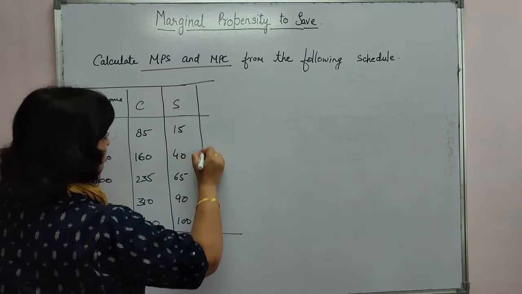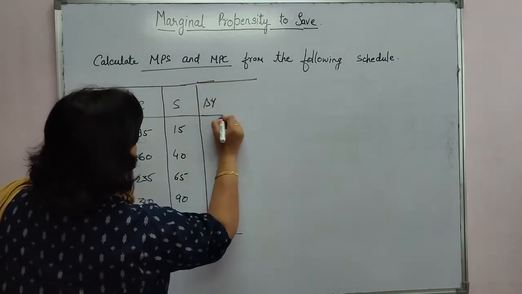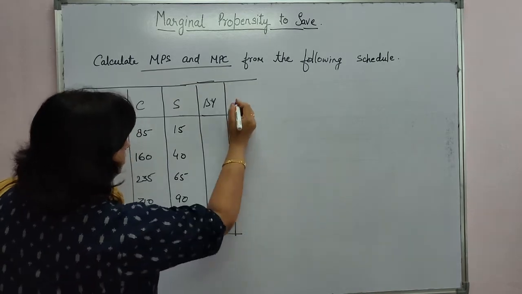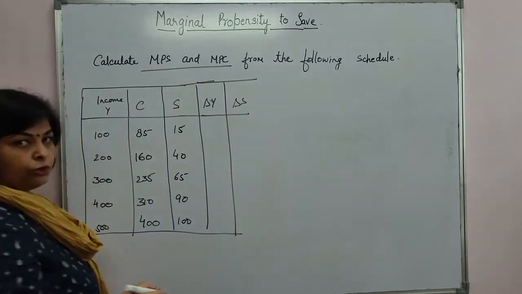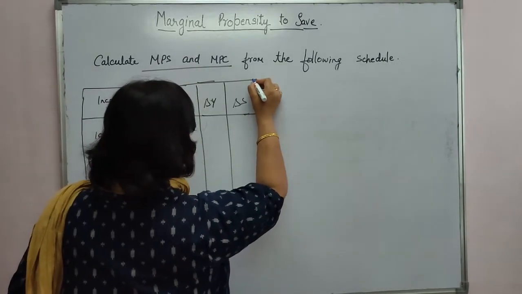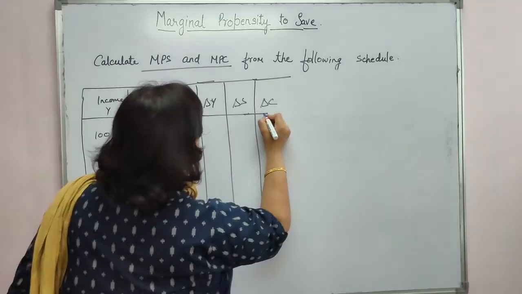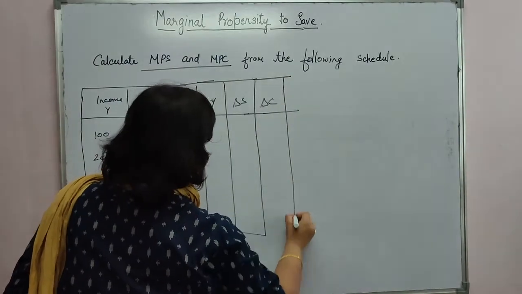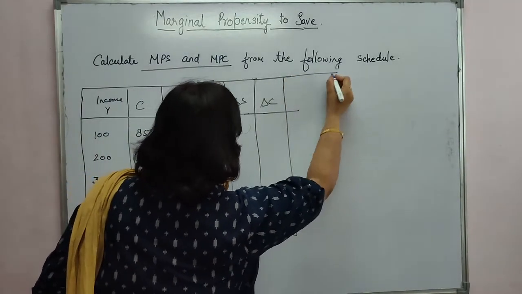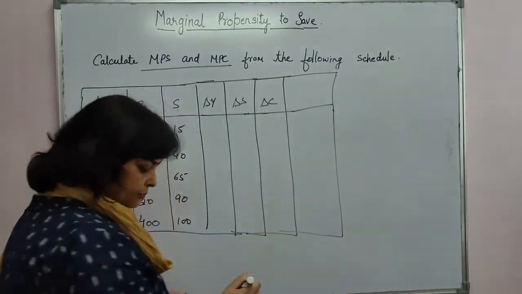Now first of all, we have to calculate the value of delta Y. Then delta S, if we have to calculate the value of marginal propensity to save. I will also calculate the value of delta C to calculate the value of MPC.